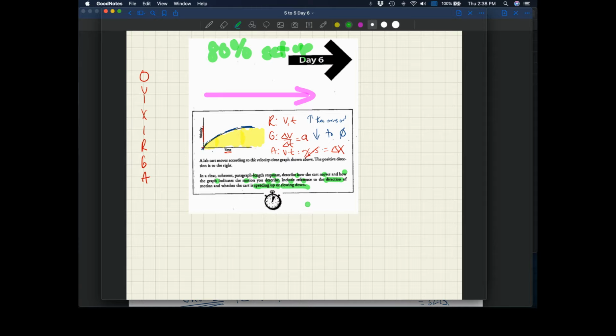So now what we should be thinking about is writing an outline of sorts. What are all the things we want to say? We want to say it starts from rest. It accelerates in a positive direction.